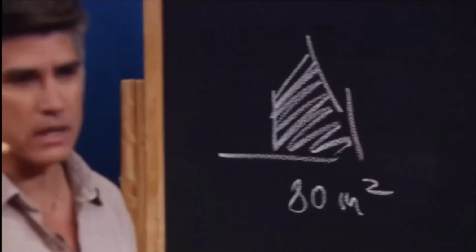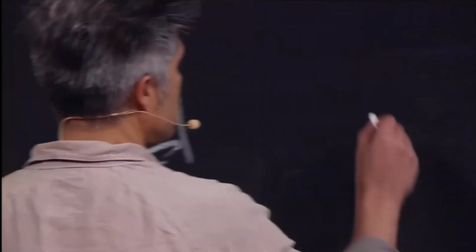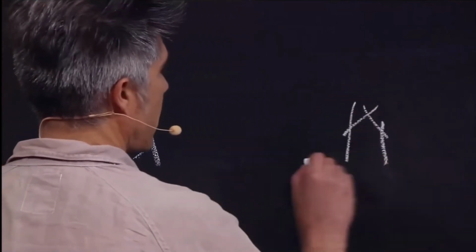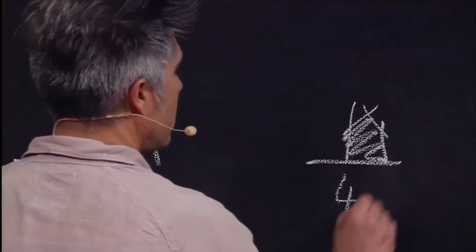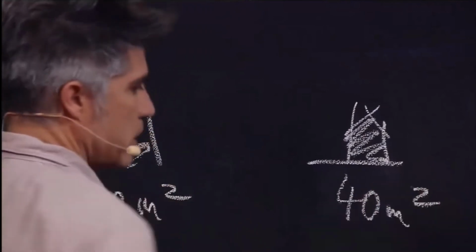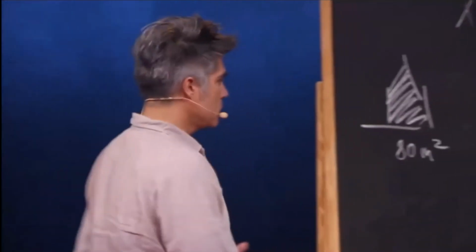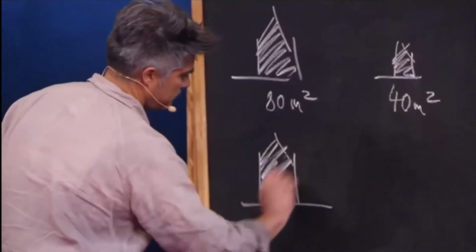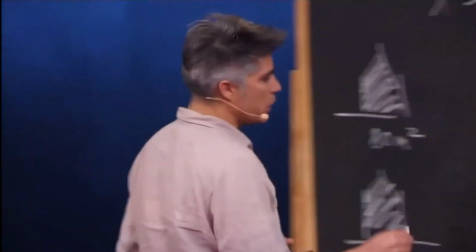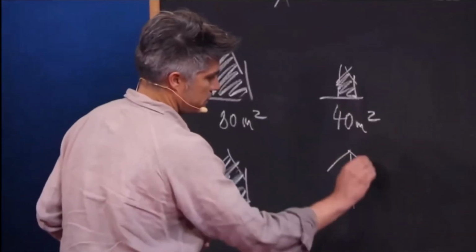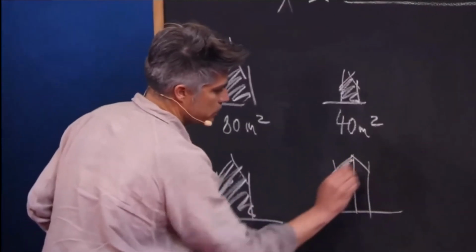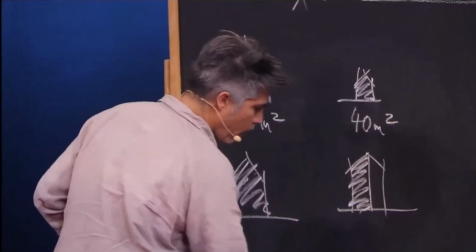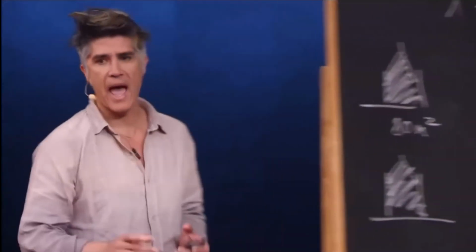But when there's no money, what the market does is to reduce the size of the house to 40 square meters. What we said was, what if, instead of thinking of 40 square meters as a small house, why don't we consider it half of a good one?